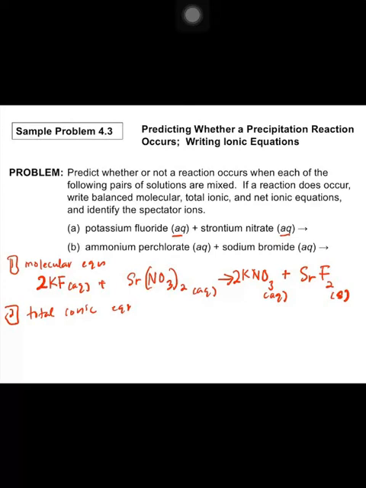Okay, so dalam total ionic equation ni memang kita akan fokus on the substance in aqueous form, yang mana dia akan dissociate into ions. So KF kita akan pecah jadi K plus aqueous, jangan lupa untuk tulis physical state, campur dengan 2F minus, because kita tahu that 2 also belongs to F minus. Campur dengan the other reactant is also aqueous, so dia akan jadi strontium 2 plus aqueous.